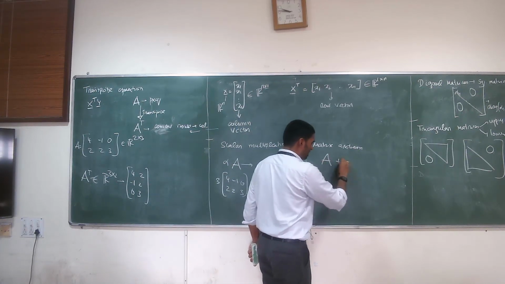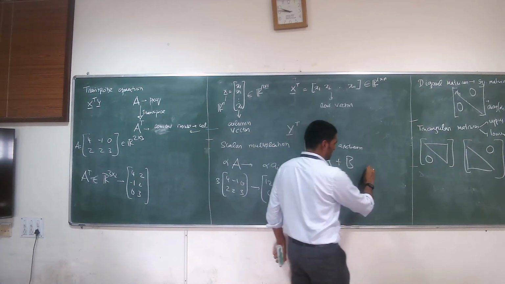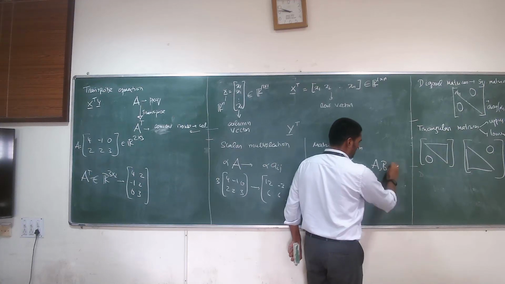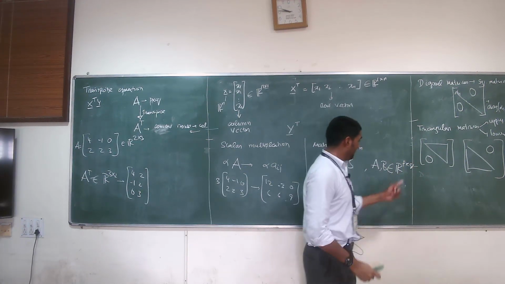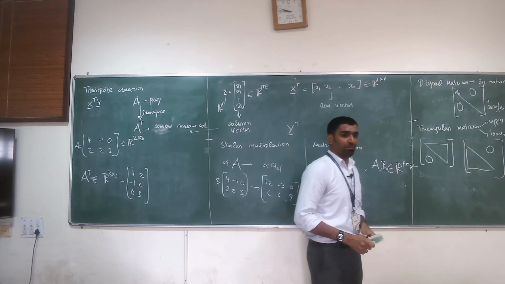You can add 2 matrices only if A and B have the same size. If they differ in the number of rows or columns, then you cannot add them.